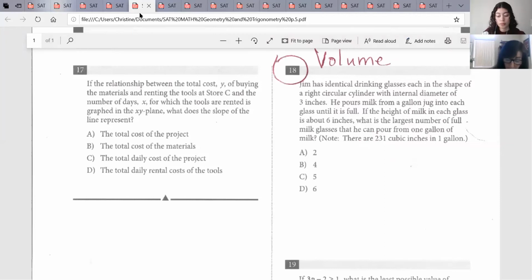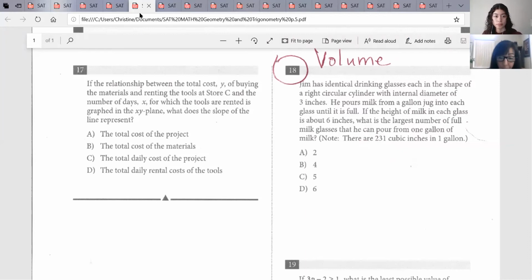Here is a volume question. Jim has identical drinking glasses, each in the shape of a right circular cylinder with an internal diameter of 3 inches. He pours milk from a gallon jug into each glass until it's full.